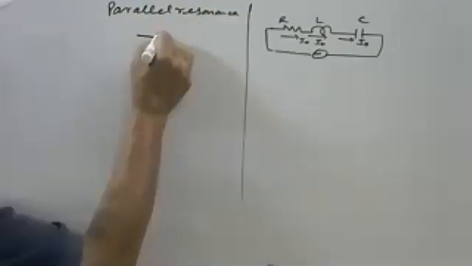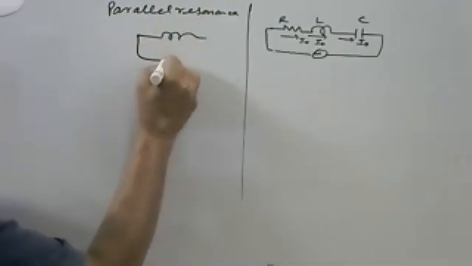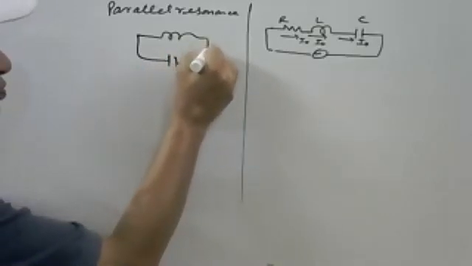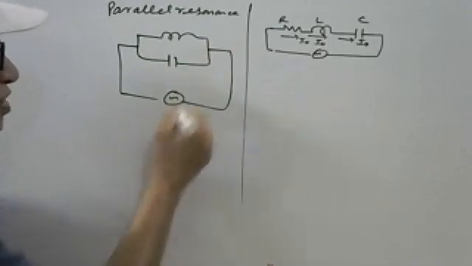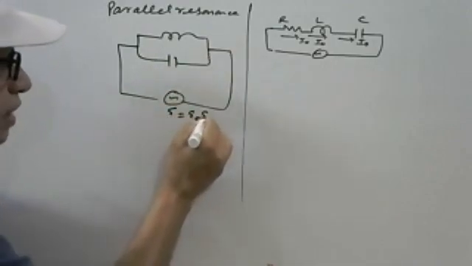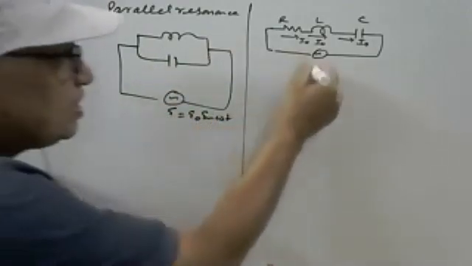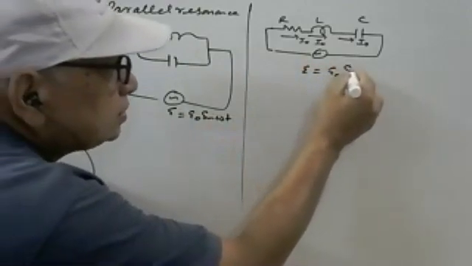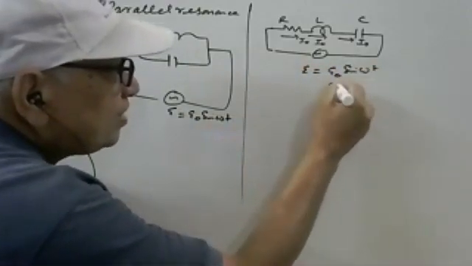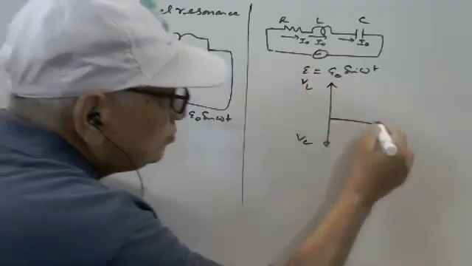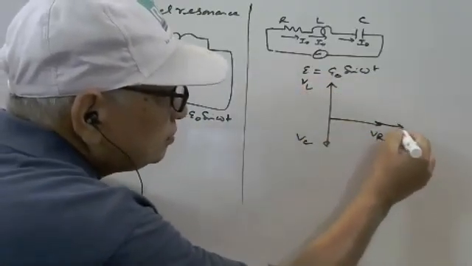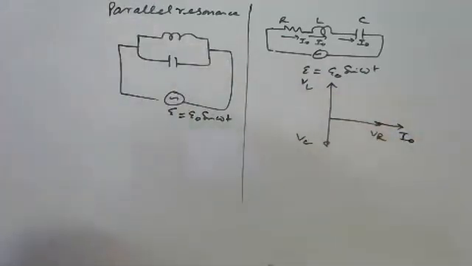In parallel, I discuss these two in parallel. The AC source is equal to V naught sin omega t. Here also E naught sin omega t. VL, VC, this is VR, I naught.